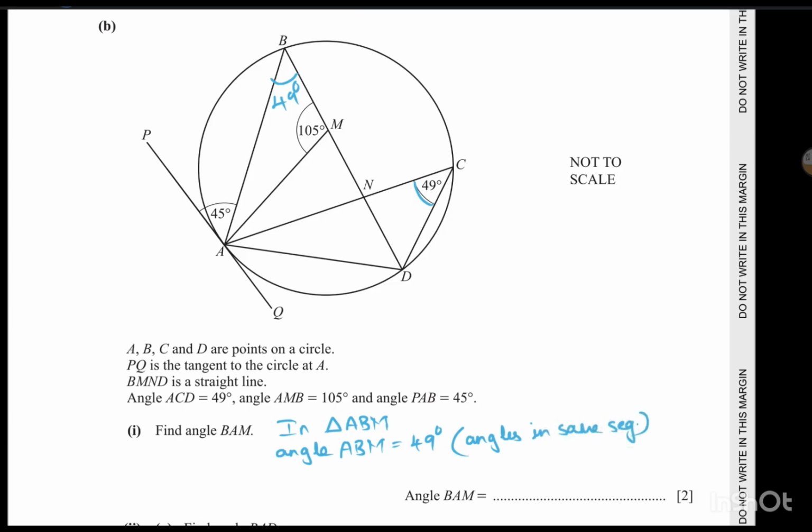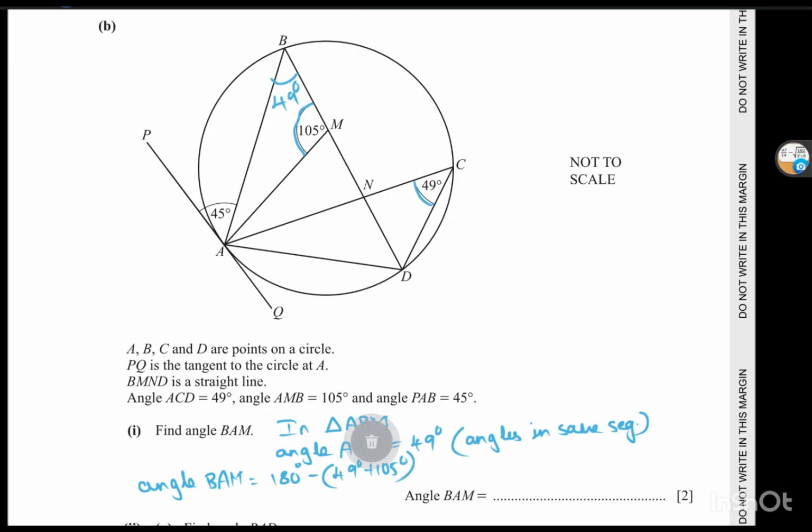So if angle ABM is 49 degrees, now using the angle sum property of a triangle, we can find out the angle BAM. So angle BAM will be 180 minus the sum of the other two angles, that is 49 plus 105, because this is also included in this triangle.